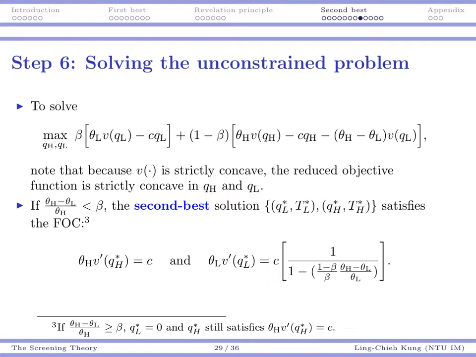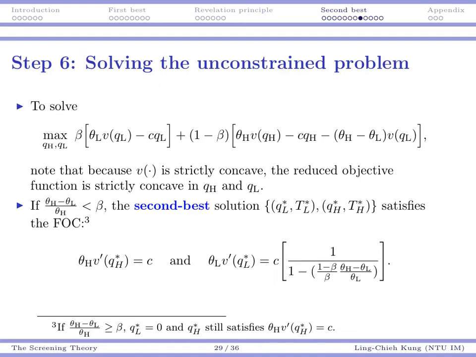You're going to get two equations, and that's going to help you to derive the first order condition like this. As long as the parameter is not very weird, then your second best menu can be derived or can be expressed in this way.